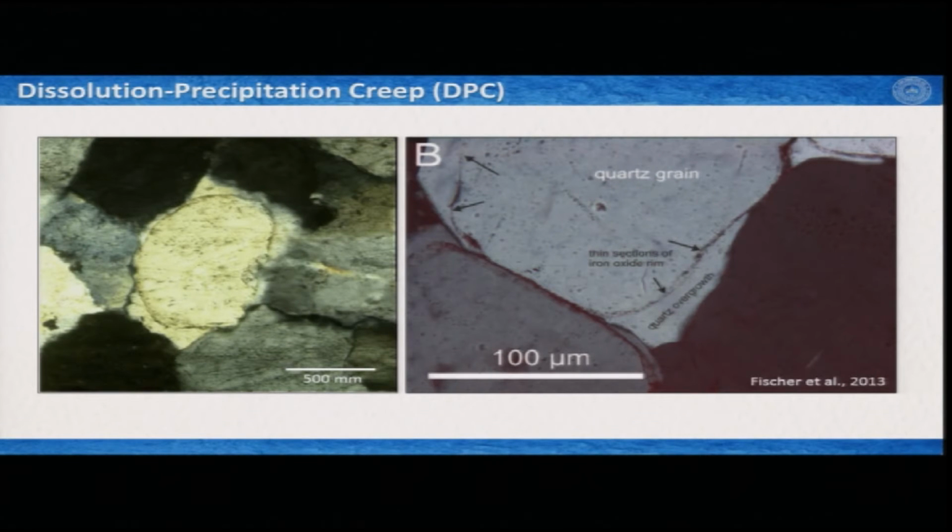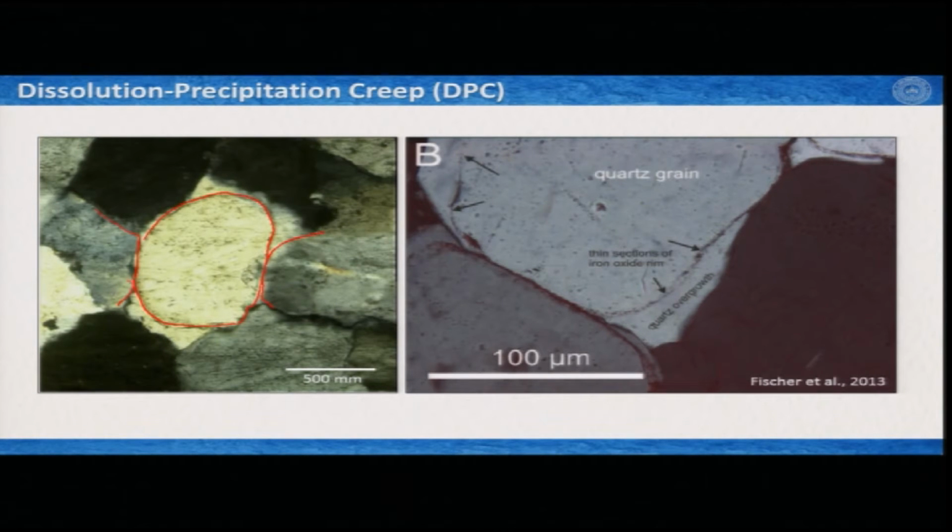So, these are some microstructures resulting from dissolution precipitation creep. What we see here is certainly a grain, you can see under the microscope that people have snapped, and then this part you can see that it had a contact with this grain in this side and also in this side.